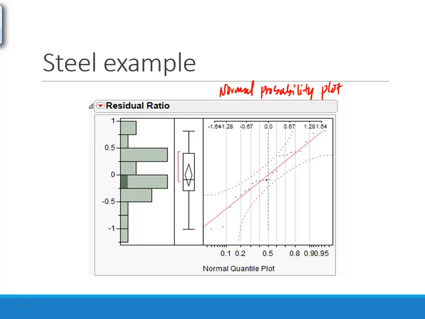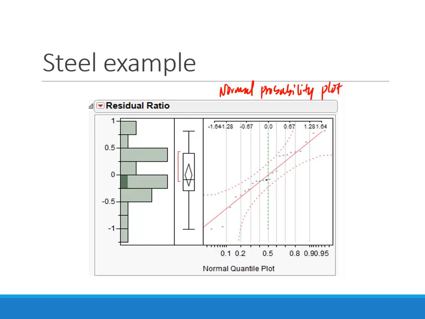And finally, how about the normal probability plot? What am I hoping to see in here? Yeah, right. I hope to see all my residuals sort of falling more or less around that diagonal line. And what do you think? Yeah, that's actually pretty good. JMP also provides you a histogram of the residuals.